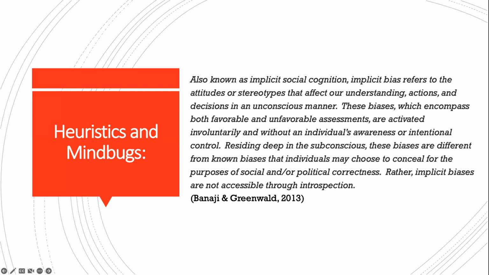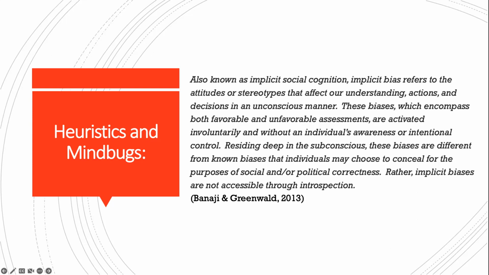The Kirwan Institute defines implicit bias as follows. Also known as implicit social cognition, implicit bias refers to the attitudes or stereotypes that affect our understanding, actions, and decisions in an unconscious manner. These biases, which encompass both favorable and unfavorable assessments, are activated involuntarily and without an individual's awareness or intentional control.